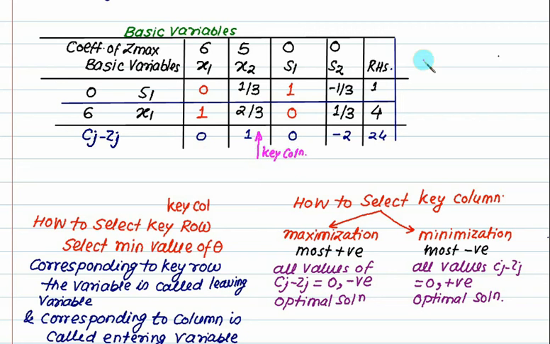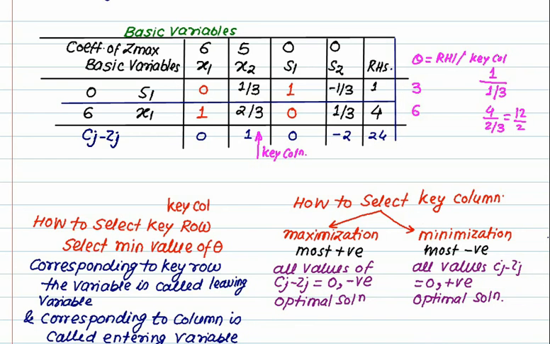For the key column, we calculate theta, which is the right hand side divided by the key column number. For example, this one is 1, so 1 divided by 1 by 3 is 3. Next, this one is 4, so 4 divided by 2 by 3 is 12 by 2, which is 6.